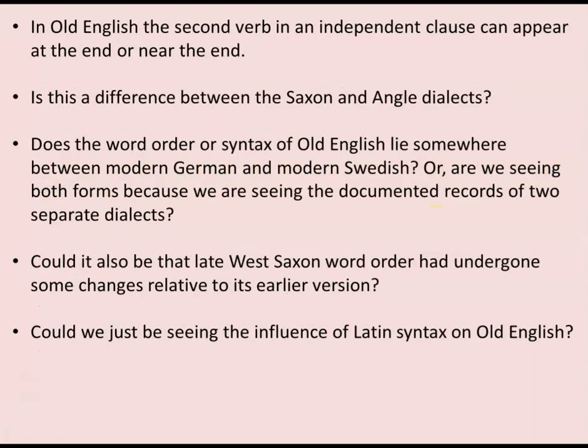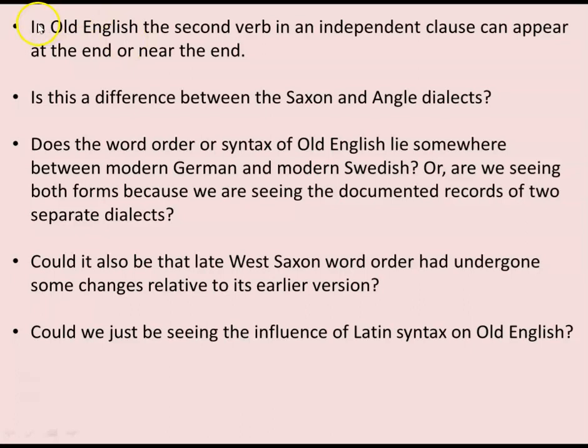Okay, so it raises a number of questions. In Old English, if you have a second verb in an independent clause, it can appear at the end. You would expect that under the West Saxon system, or it can appear near to the end, and there's reasons I've shown that you've got two choices here. You can use this modern German word order, which pushes the verb to the very end, or you can use the modern Swedish word order, which has the verb near the end.